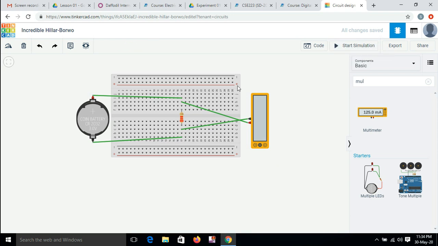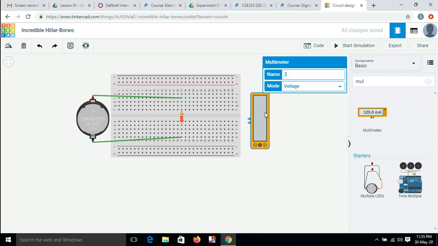Okay, so now we can measure the current that is flowing through this resistor. For that we will have to use this multimeter as an ammeter. So we can change its mode by selecting the multimeter. I am converting it to an ammeter, and we know that an ammeter should be connected in series with the circuit.